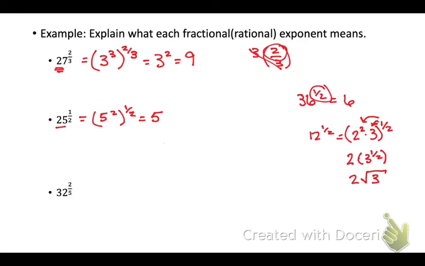Break it down. Make your factor tree for 32. What times what is 32? And keep breaking it down. It's 8 and 4. And then keep breaking it down. 8 and 4.